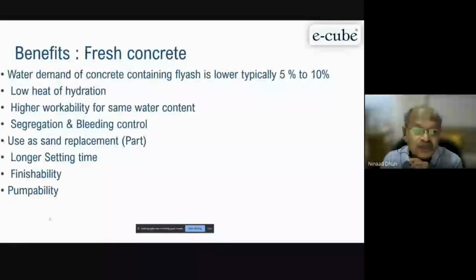So if you use fly ash, you'll find pumping is very easy. If you note down the pumping pressure, it is reduced, and you can pump very easily up to 1 kilometer also, not any issue. Today we are going for high-rise buildings, maybe 300, 400 meter height. It's very easy to pump using fly ash.